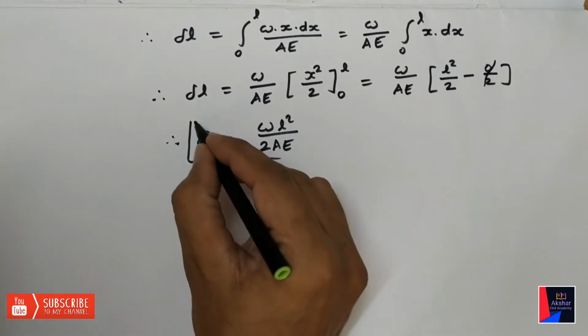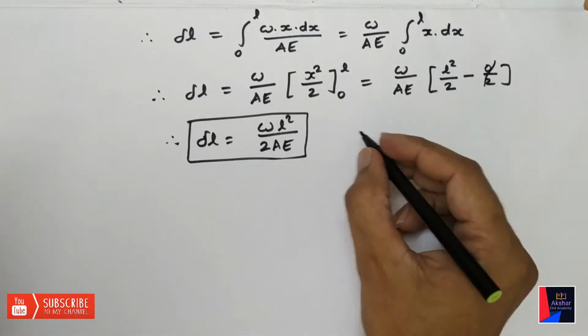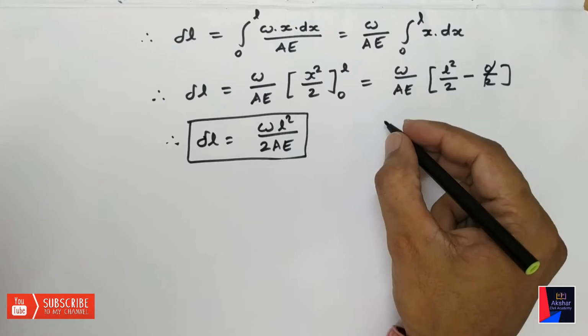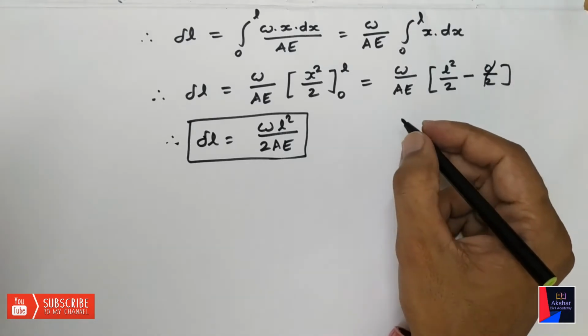Here w is equal to weight per unit length.